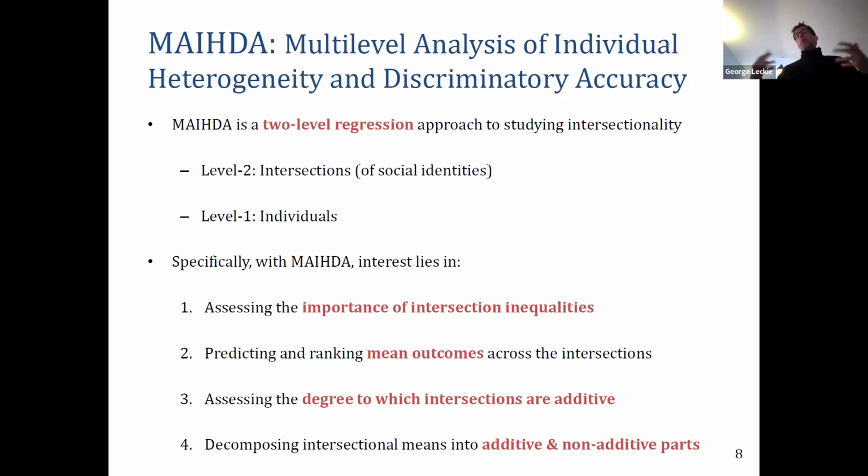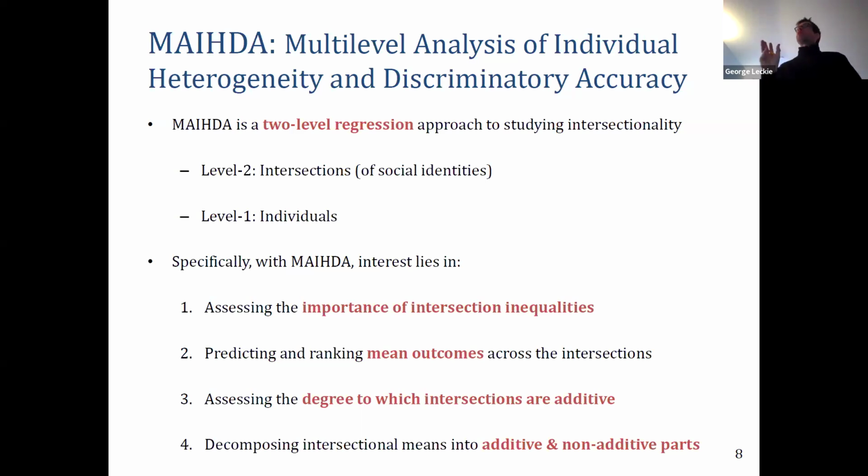Use the sample data to predict optimally what's going on in the population. Can we rank those intersections? And then once we've done that exercise, to what extent do those intersectional inequalities have an additive pattern or structure versus departures from additivity? That's speaking to this idea that there could be unique things happening at particular combinations of characteristics.